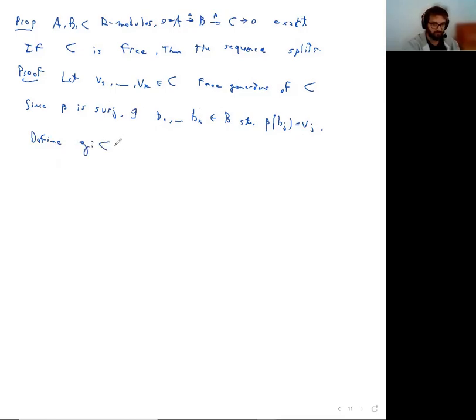And this is very easy now, because you send Vj to Bj and then extend by R linearity. There is no relationship between these Vj's, so you can simply send each one of them wherever you want, and then extend by linearity. Okay.